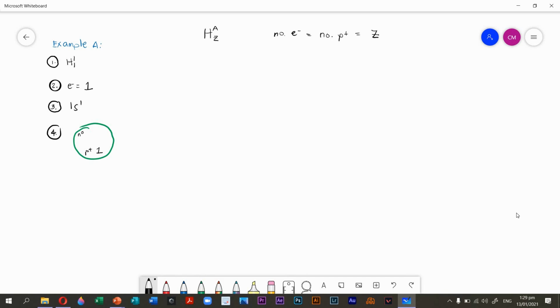Simple. The nucleus has much of the mass. Almost all of the mass of the whole atom is here. And the only particles there are the proton and the neutron.